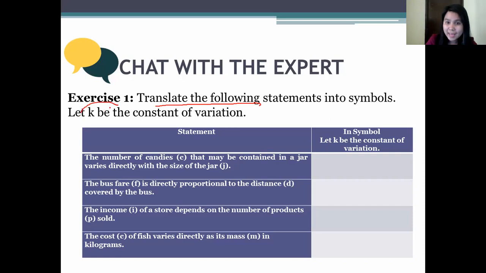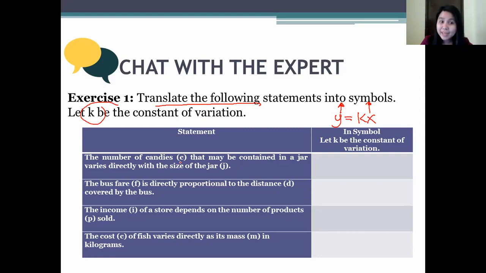Example, here, in our first exercise, you'll translate the following statements into symbols. And let's have k as the constant of variation. Remember, y varies directly as x. So let's change y and x. For example, in the first one, ready? I'll first start with this example.